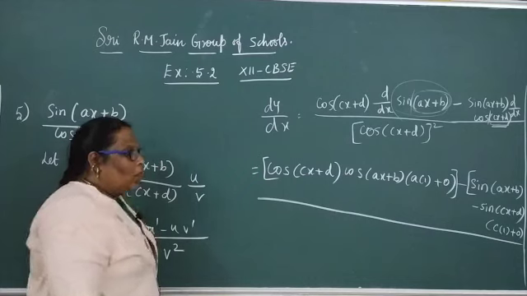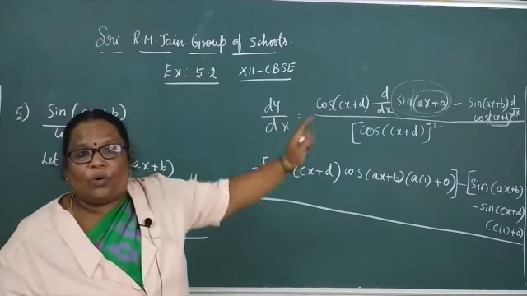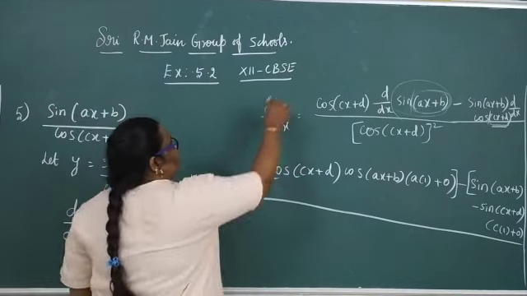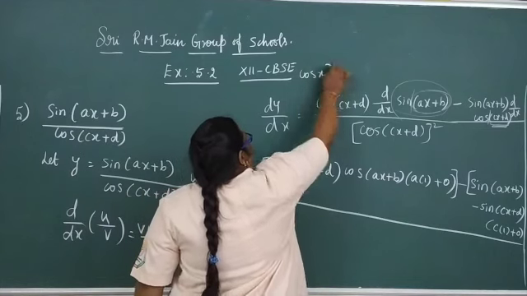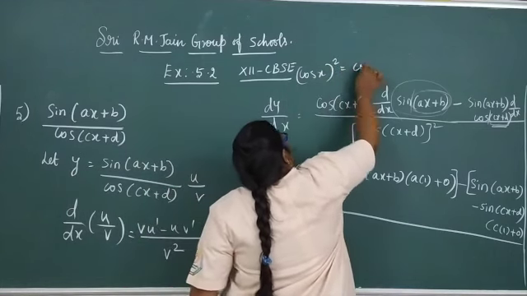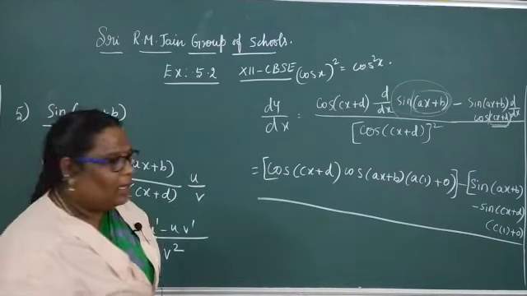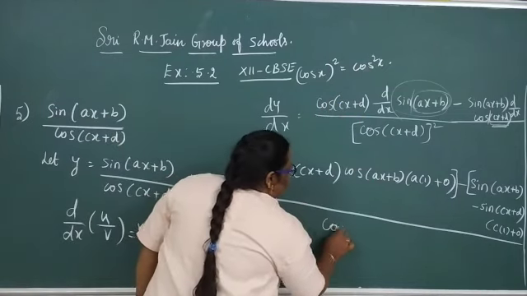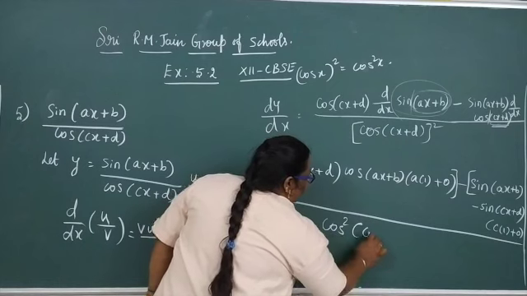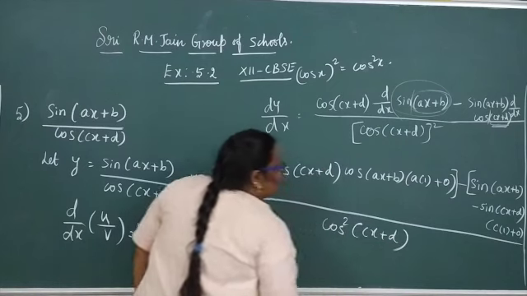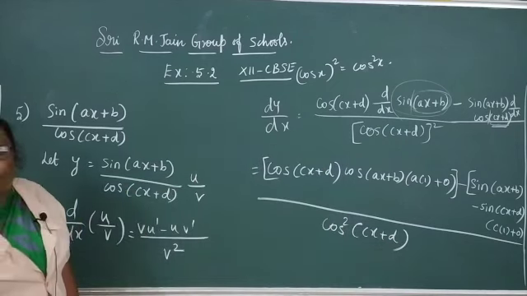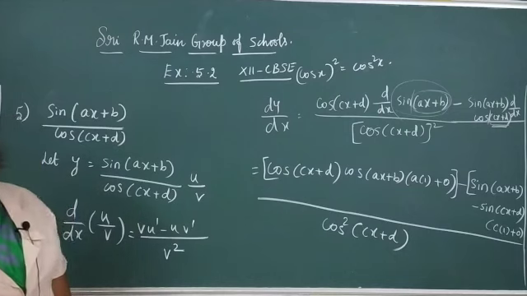The denominator, cos of cx plus d the whole square, is nothing but cos square of cx plus d, because both are same.